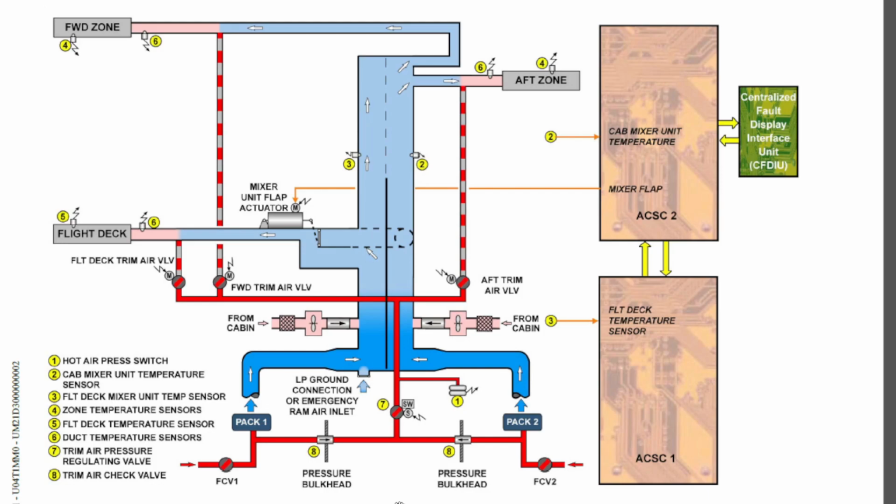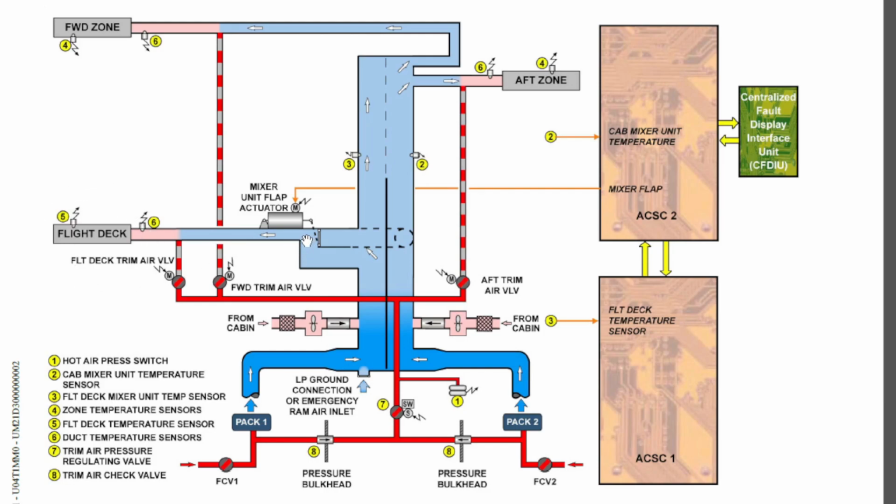Mainly you have 3 zones where you get air supplied into the cabin. One is the cockpit, another is the forward cabin, and the next is the aft cabin. So for the cockpit you have a separate duct from the mixer unit where you get conditioned air in.